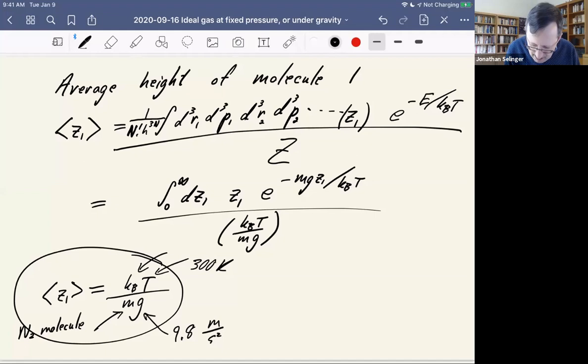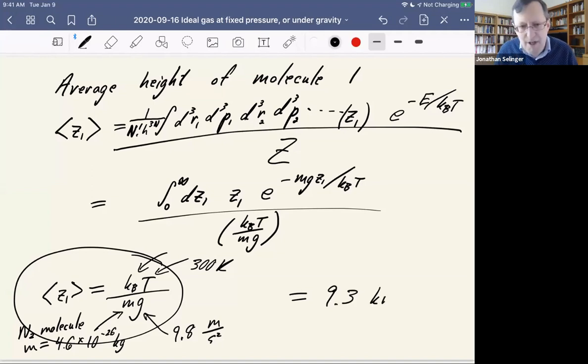Because that's a common thing in the atmosphere. So for a nitrogen molecule, we have a mass in kilograms. I have it in my notes here, 4.6 times 10 to the minus 26 kilograms. Okay, so we get a height in meters, right? So this comes out to be 9.3 kilometers.